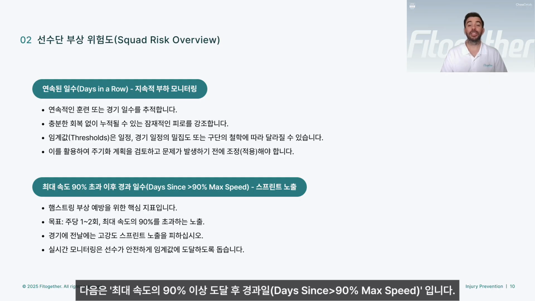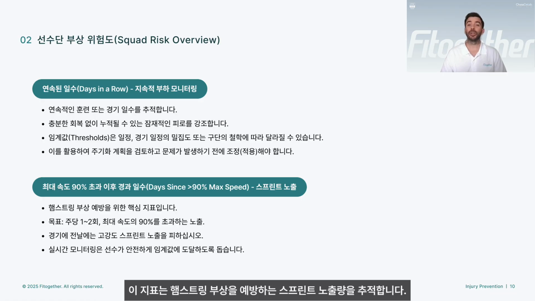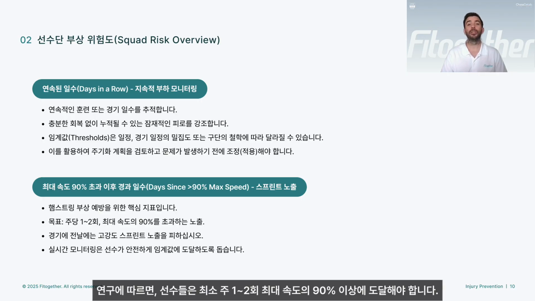Next, we have days since achieving over 90% of your max speed. This indicator tracks sprint exposure, one of the most effective ways to prevent hamstring injuries. Research shows players should reach 90% or more of their max speed at least once or twice a week. But the key is timing. Doing it the day before a match isn't ideal.